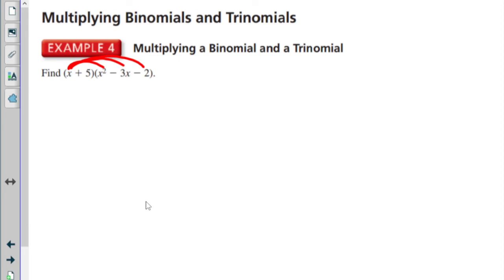So we've got 3 of them that we're multiplying, which means we're going to put an x cubed, x to the 3rd, because there's 3 x's getting multiplied together there. Then we're going to keep distributing. We're going to take x times a negative 3x. So we have the negative 3 as our number. In our variables, we have an x times x, which is x squared.